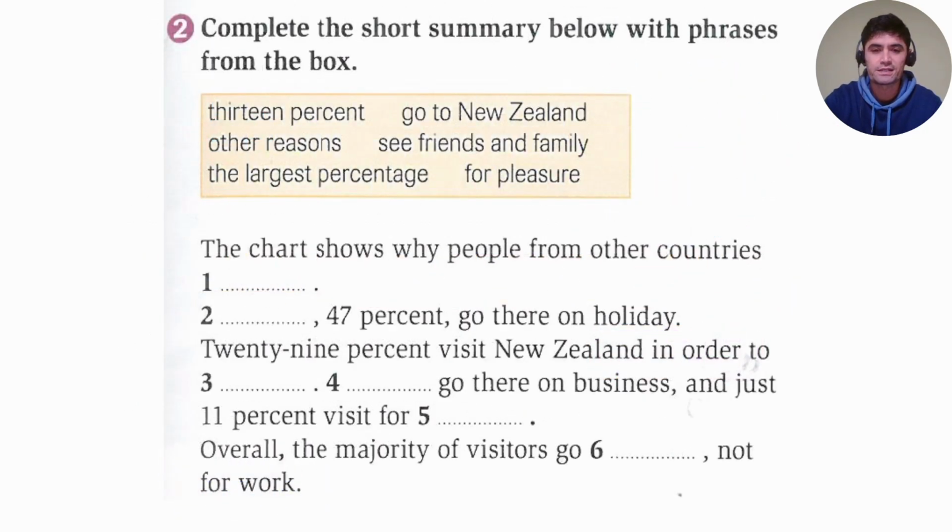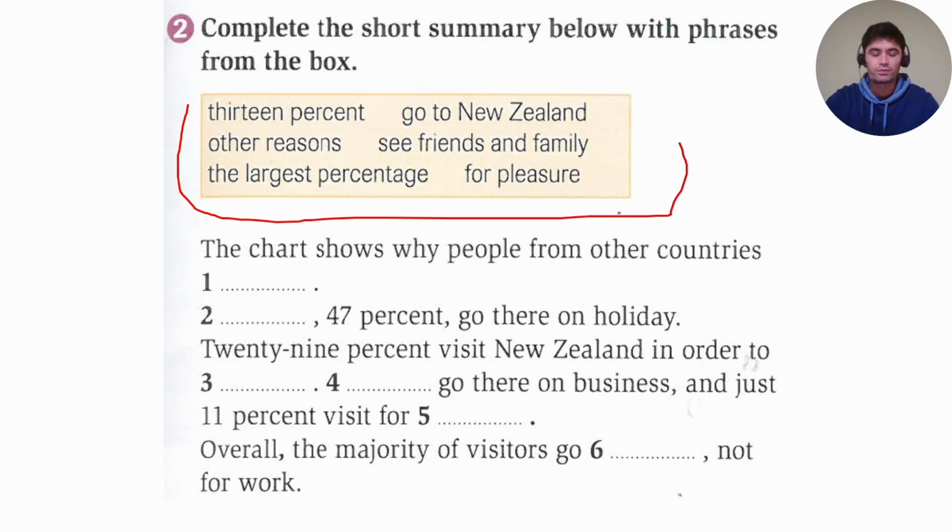Next, we have a small task for you. This is taken from an essay. The task here is to complete this short summary with the phrases in this box. Let's have a look and try to put the words in the appropriate place.